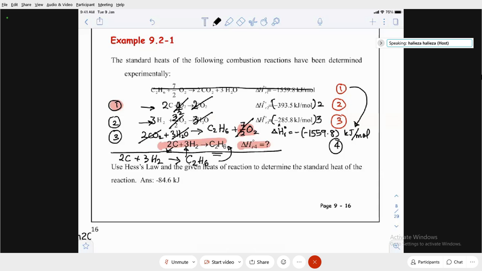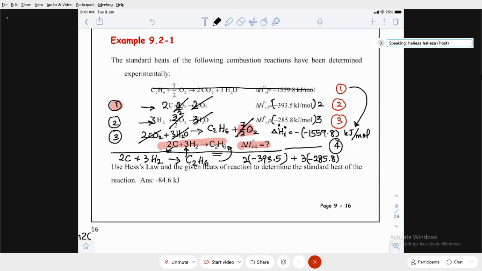So now what we have to do is we sum up the heat of the reaction. You have minus 393.5 times by 2 plus 3 multiplied with that value of 285. There's a negative there.